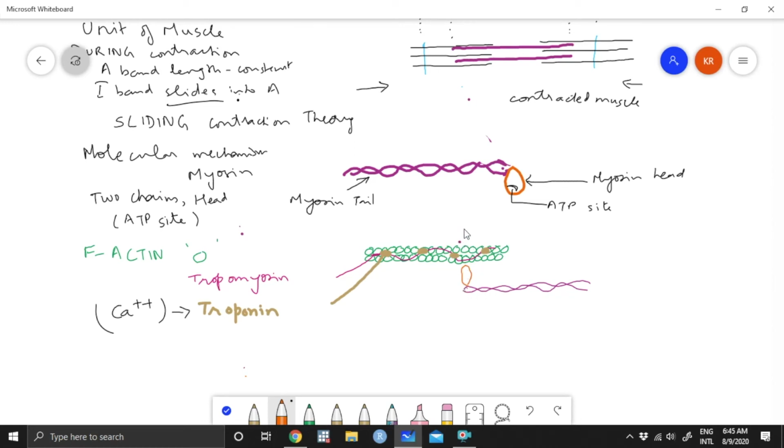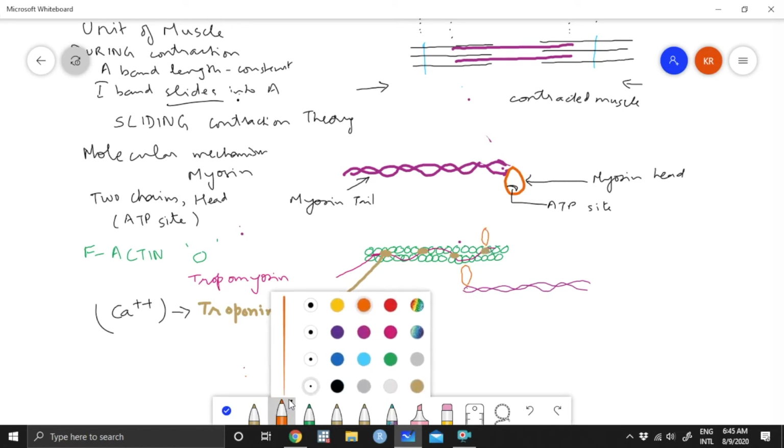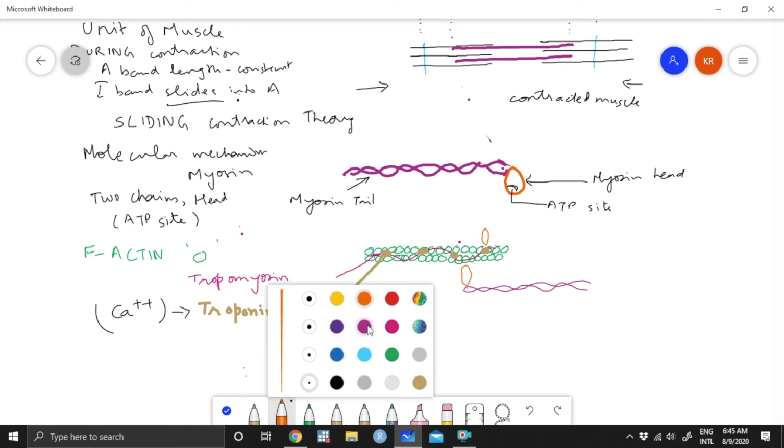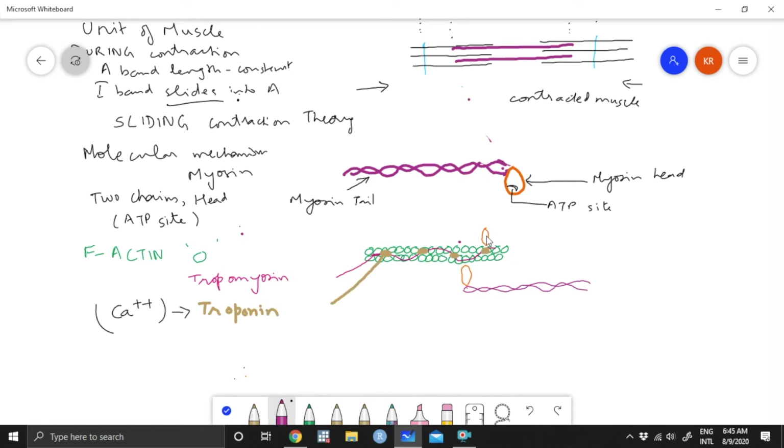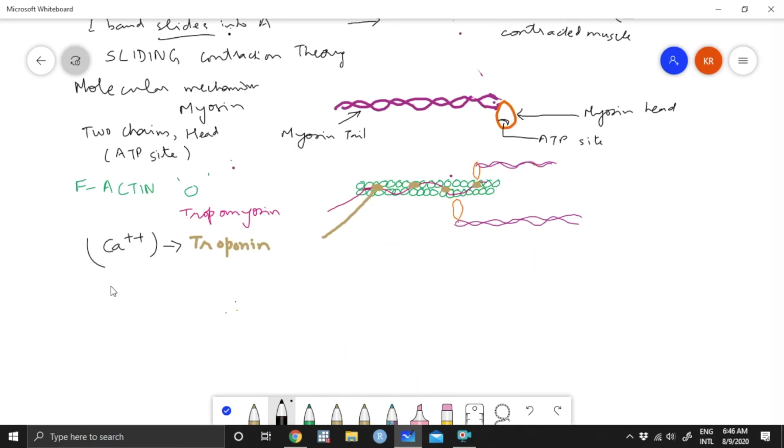See, some will be attached like this. Look at the events or the physiology of this working.